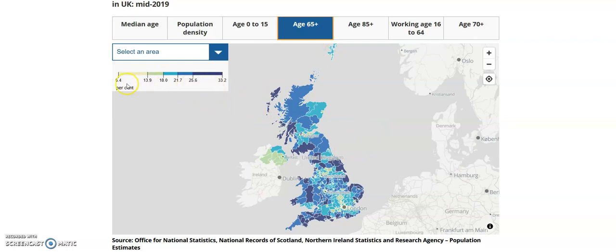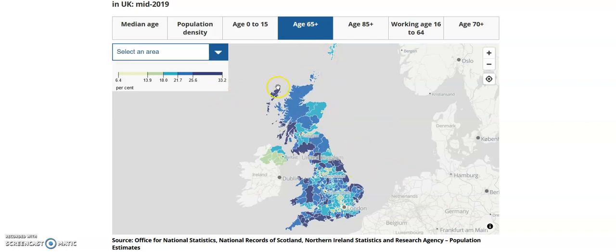You could see here the percentage, showing a low percentage starting from the light color and then getting into the dark color is a higher percentage.